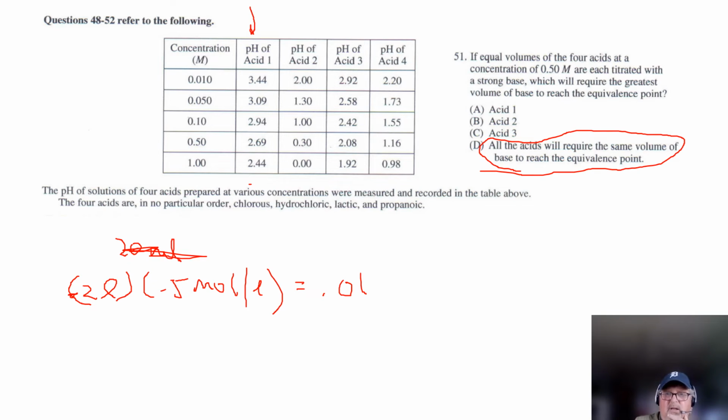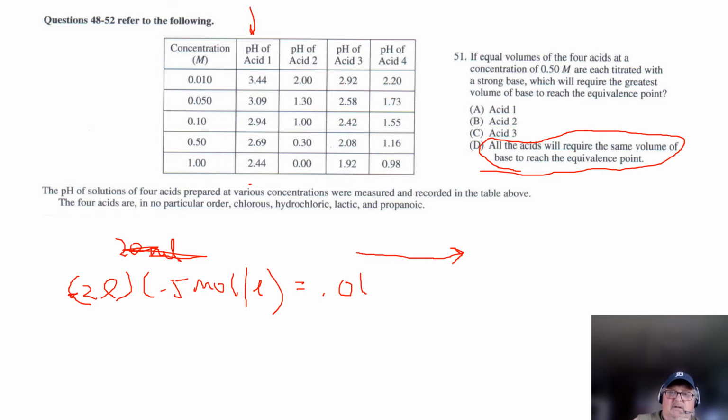You don't have to know anything about the pKa or anything like that, because what you're doing is getting rid of all the acid. You're not having it go to equilibrium, which pKa is related to. So that's it with this one. Just pay attention to how this is written.